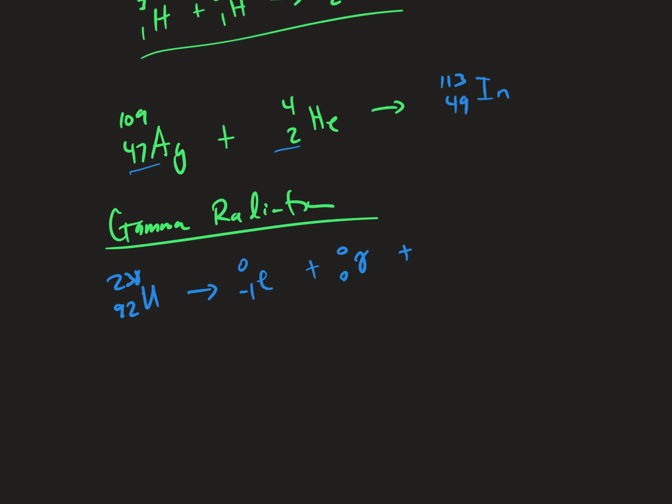And then we can just kind of ignore this right there. And we end up with 238 and 93, right? And 93 is neptunium. Good? So just know that gamma radiation doesn't come off by itself.